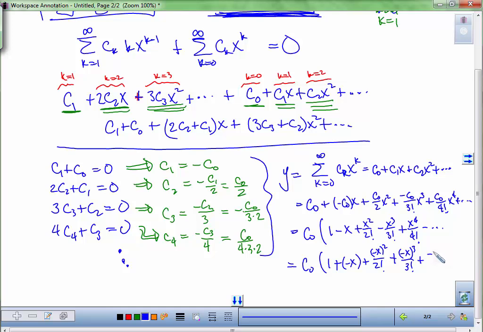Yeah. Negative x to the fourth over 4 factorial. So this looks a lot like the exponential function, except instead of having x in there, you have negative x.